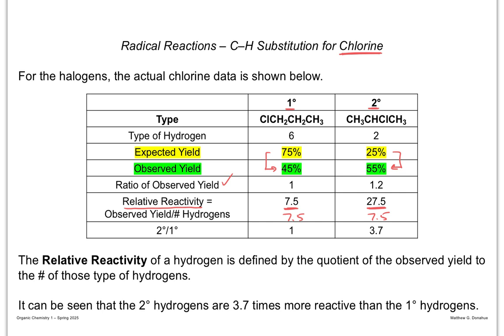So for the primary, we get 1, and for the secondary, we get 3.7. That's the important number: it tells us that secondary hydrogens with chlorine are 3.7 times more reactive than primary. Ultimately, the reason is that it is easier to cleave a secondary CH bond than a primary CH bond.